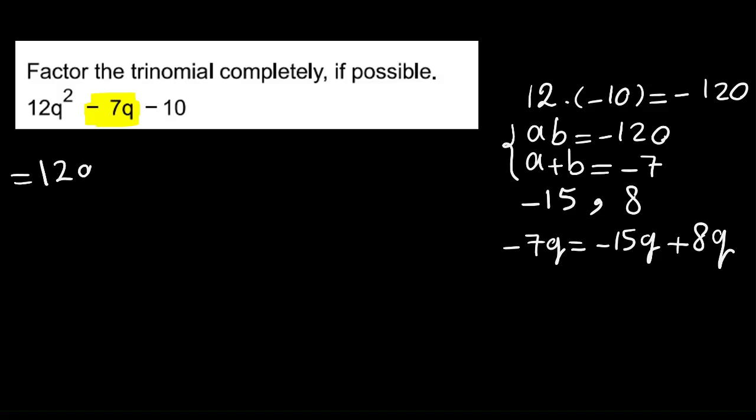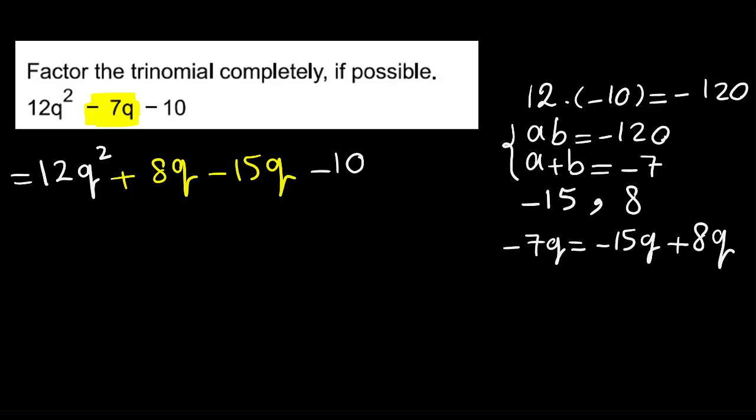So let's rewrite the statement. We have 12q squared plus 8q minus 15q minus 10. And now I'm going to factor by grouping.